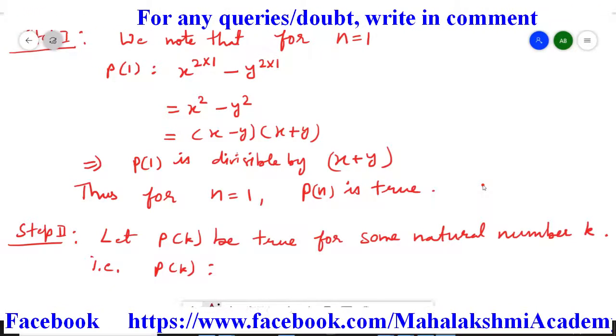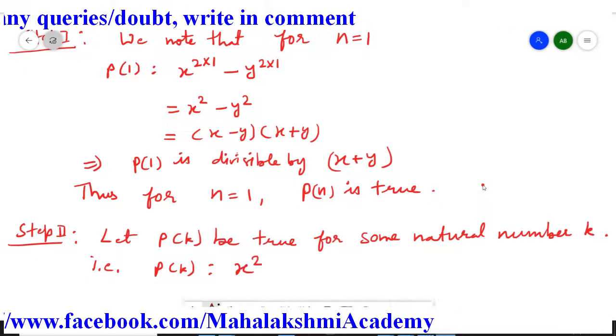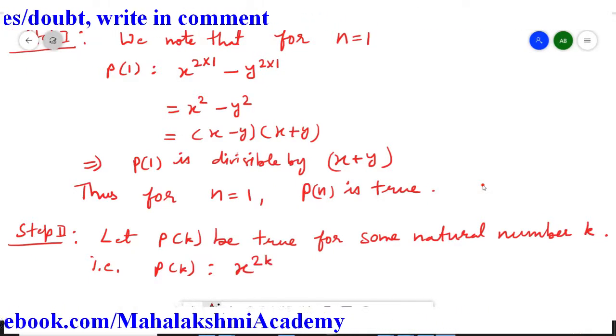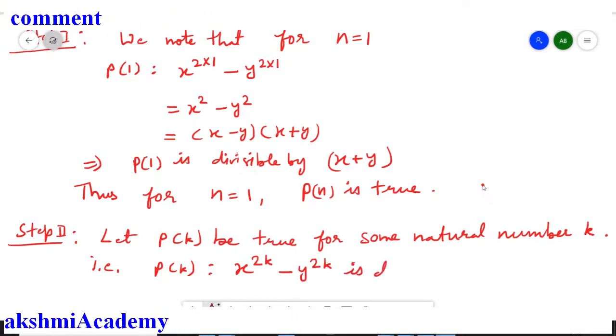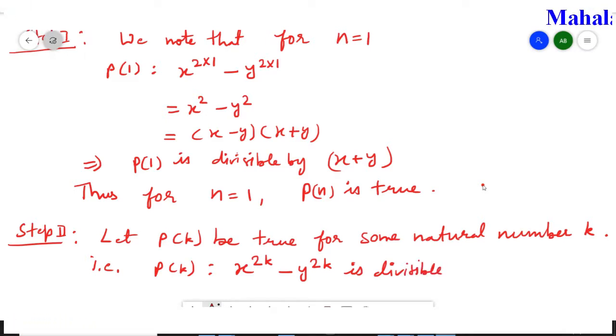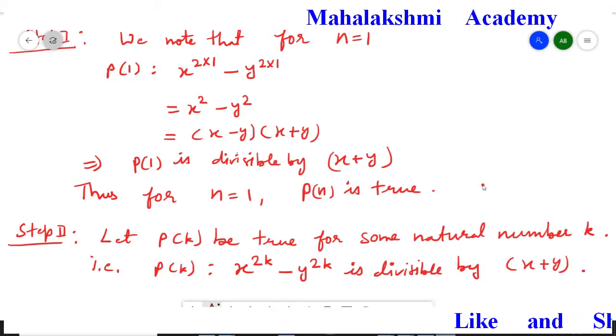That is, wherever n is there in the given question, replace it by k. So you will get here x to the power 2k minus y to the power 2k is divisible by x plus y. So this is our assumption, we do not have to prove it.